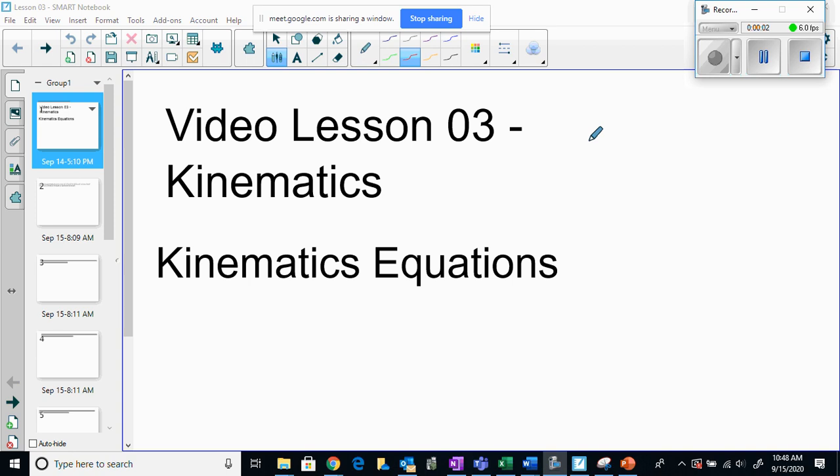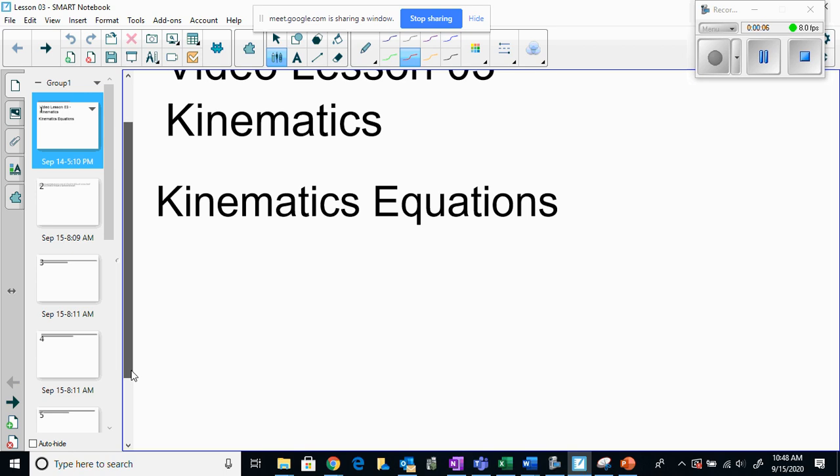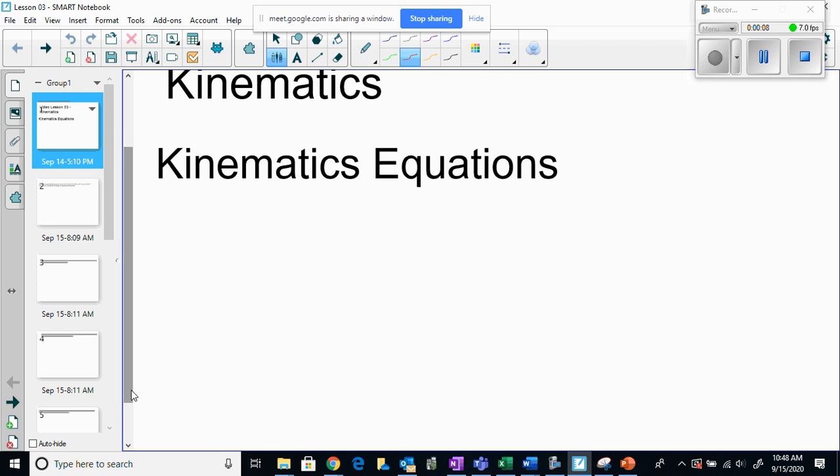Okay, so kinematics equations are the equations that we deal with when we are working with kinematics. Remember what we have said about kinematics, that is that part of physics or part of mechanics that deals with the question, how is the object moving?